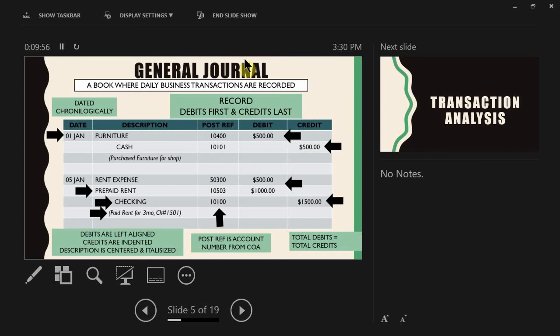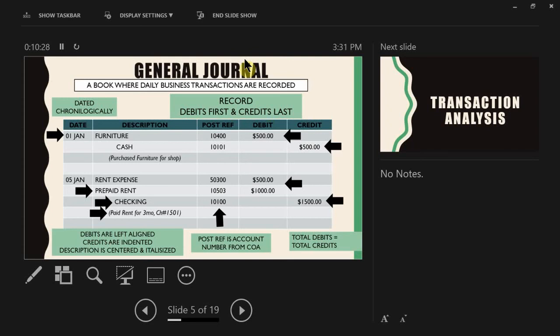Okay? Then we're going to be looking at the exact same scenario below, where we deal with rent expense, prepaid rent, and you wrote it for a checking account. So in this case, I have $500 worth of rent expense, and my prepaid rent is going to be for $1,000, right? If I add these two up together, it's going to give me a grand total of me writing a check for $1,500.